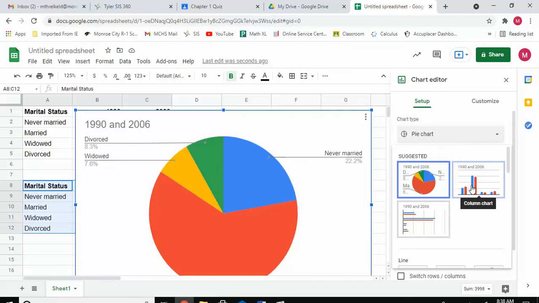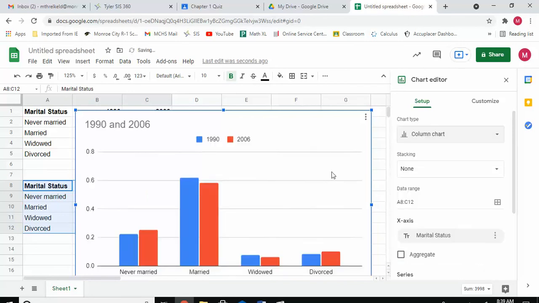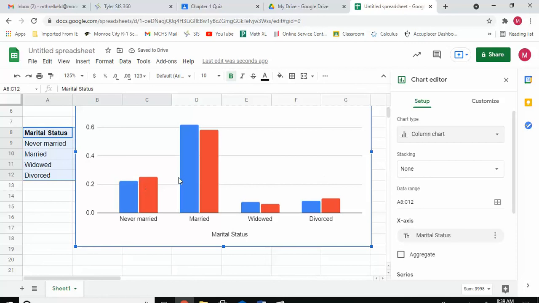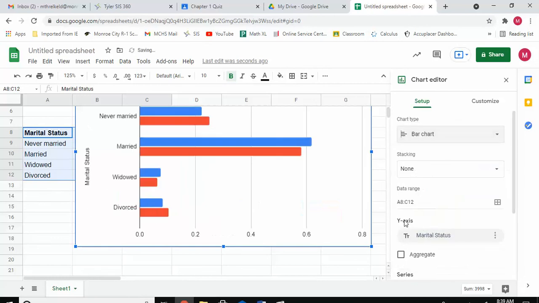I wanted a side-by-side bar graph, so I just click that and it graphs both of them for each category right by each other. You can do a horizontal one, that's an option. Whatever is more appealing visually to you, there's not a right or wrong there, just different ways that you might do it. Okay?